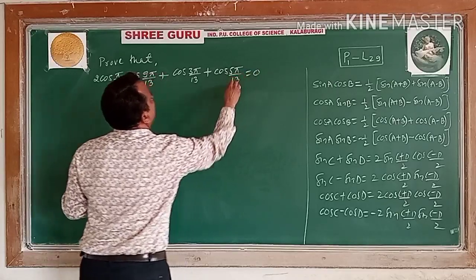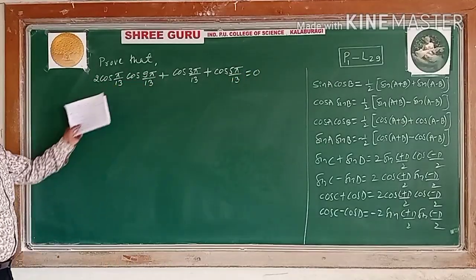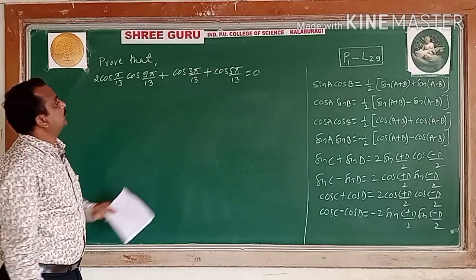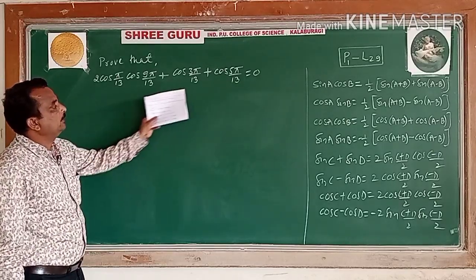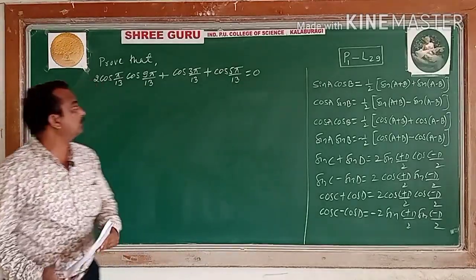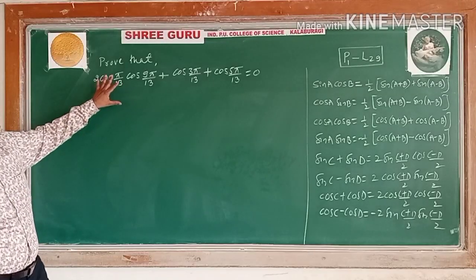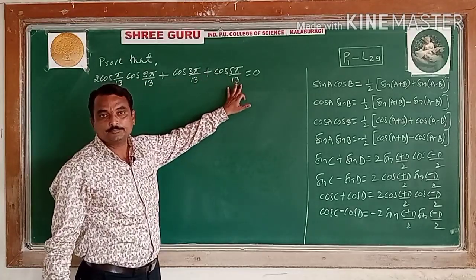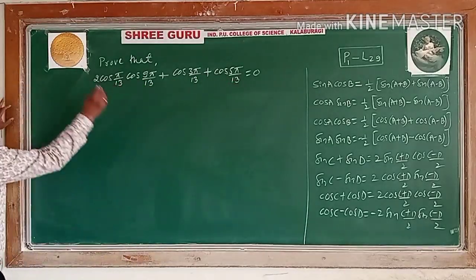See the students here, the first term is product and these two are the sum. Now here you have to prove equal to 0.